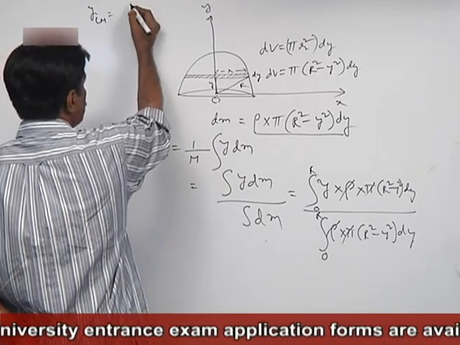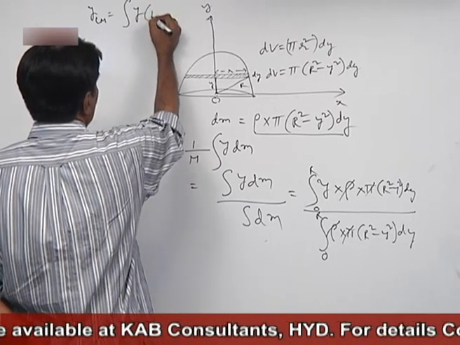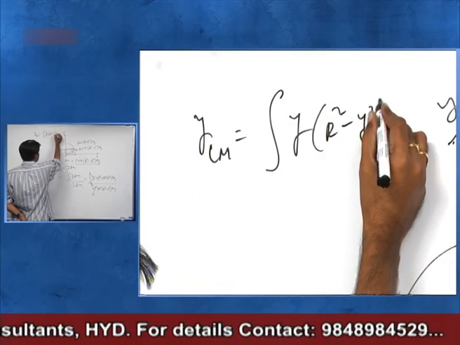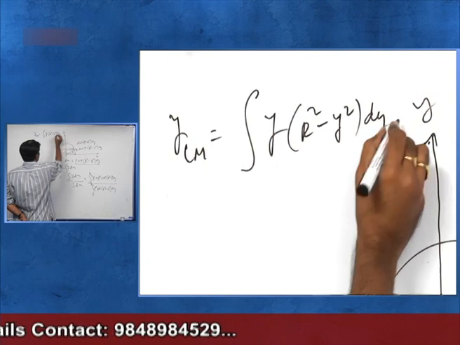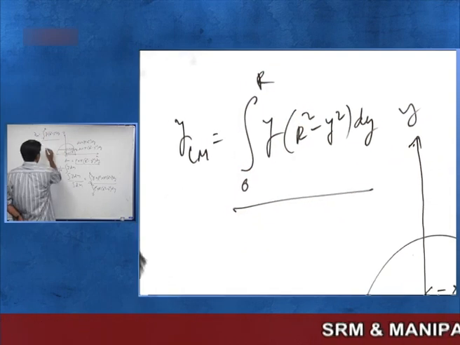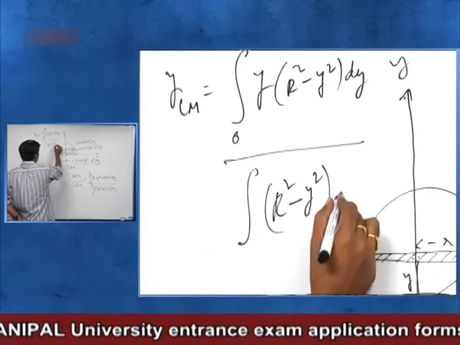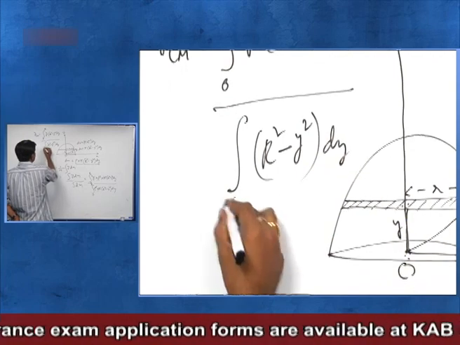What is left is the integral of y into (r square minus y square) dy from 0 to r, divided by the integral of (r square minus y square) dy from 0 to r.